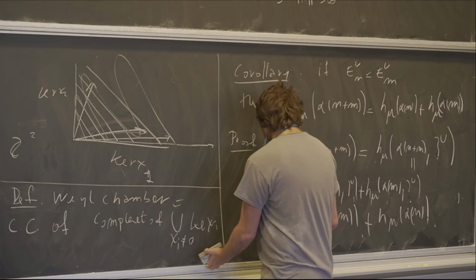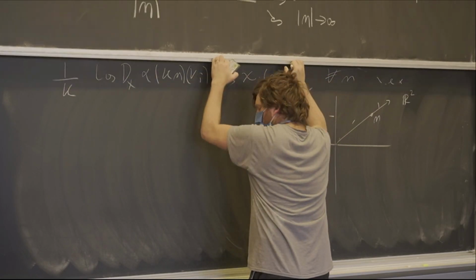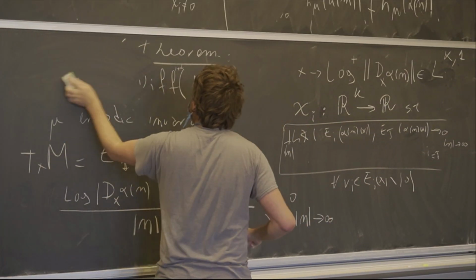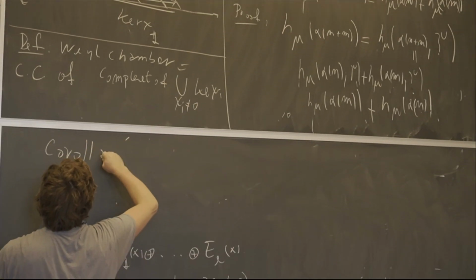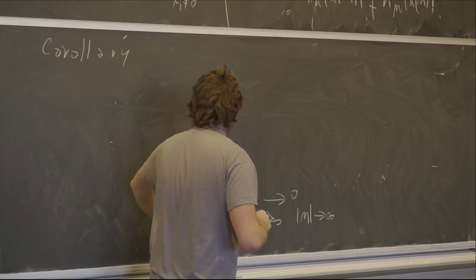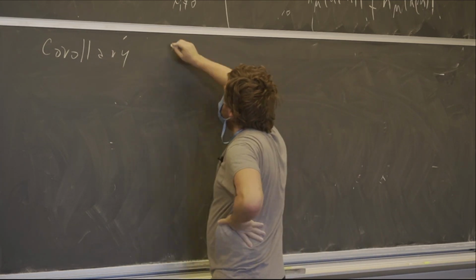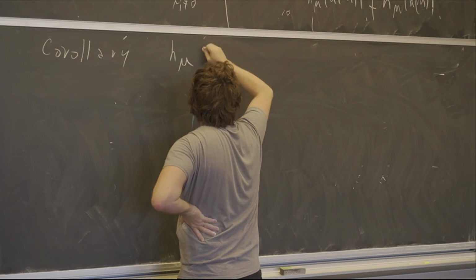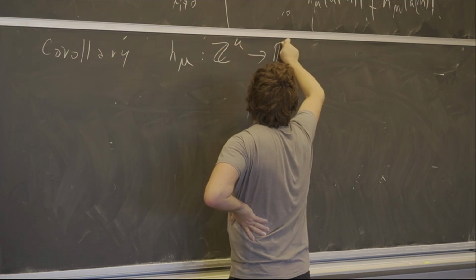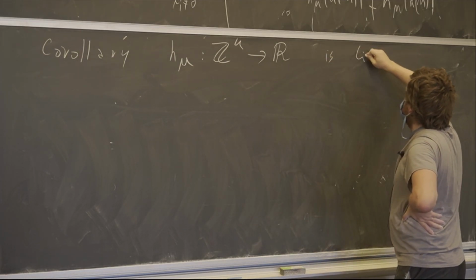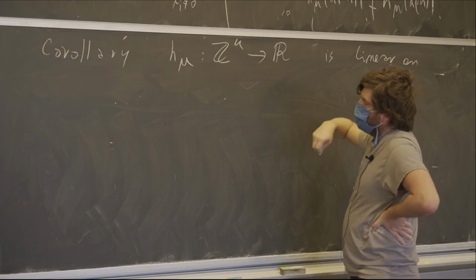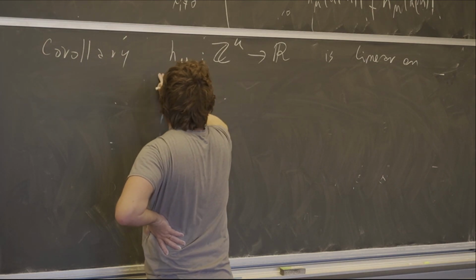And then the second corollary is that h mu, restricted, so this is a function from Z^k into R naturally, is linear on each Weyl chamber.